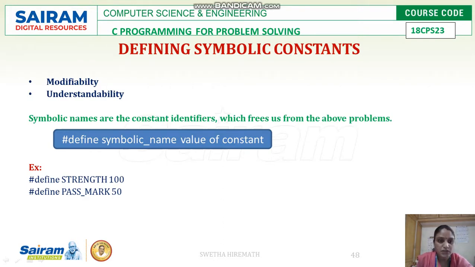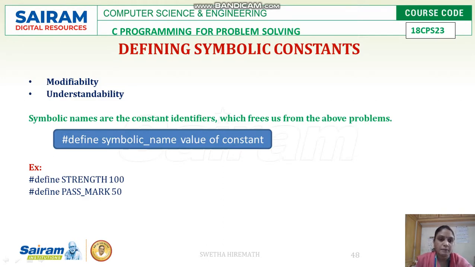So strength is called a symbolic name. Instead of using the value, we directly use the symbolic name wherever required. Modifiability becomes easier if we go with symbolic names.